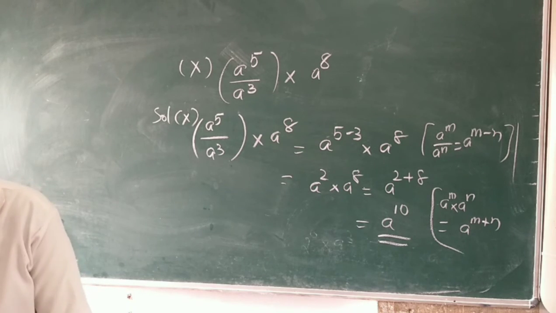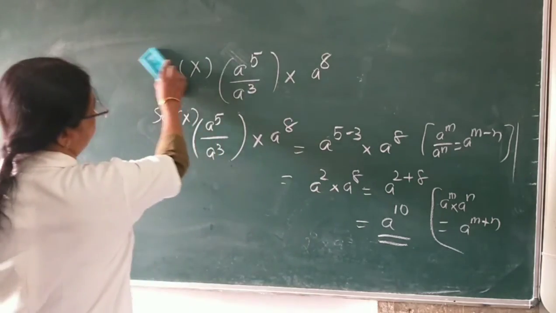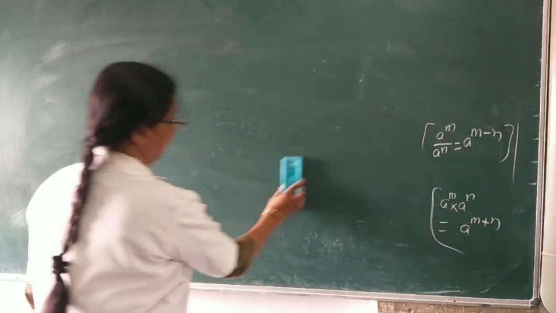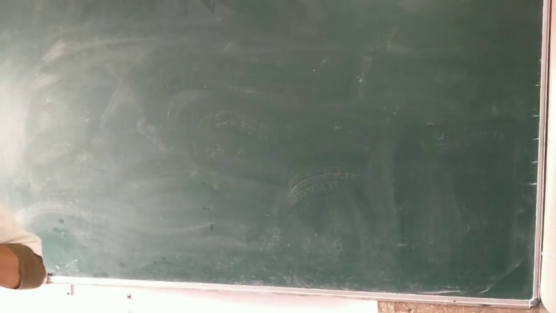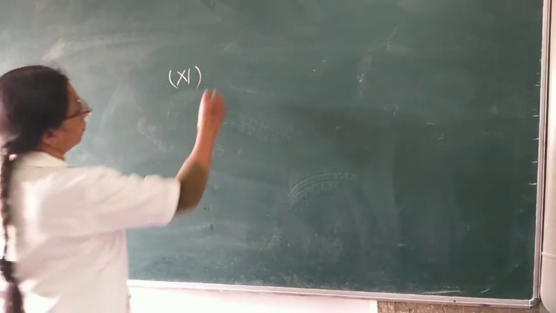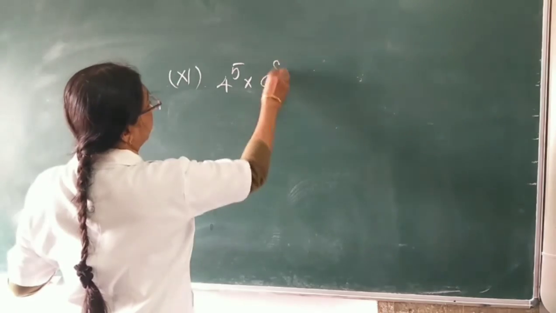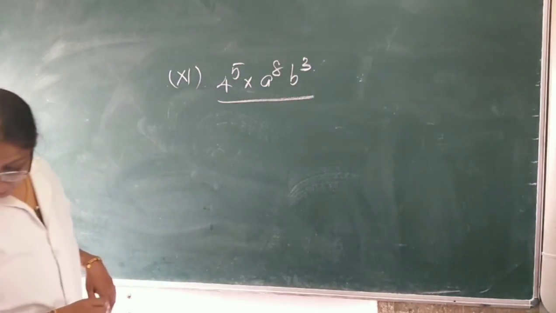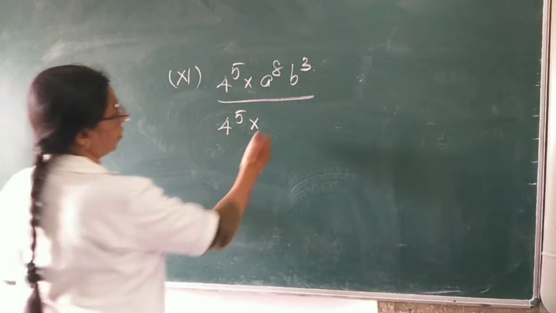Now 11th question. Four raised to 5 into a raised to 8 b cube divided by 4 raised to 5 into a raised to 5 b square.